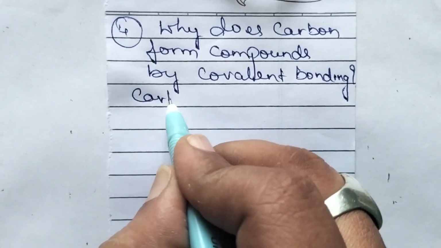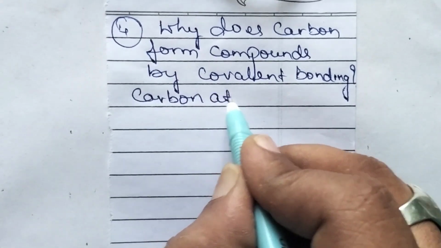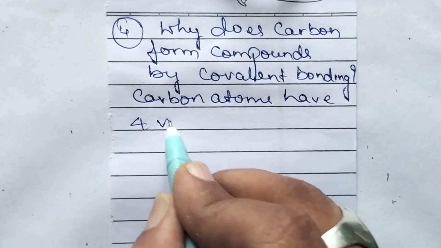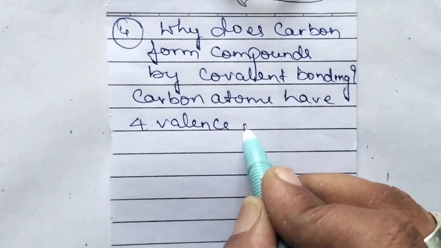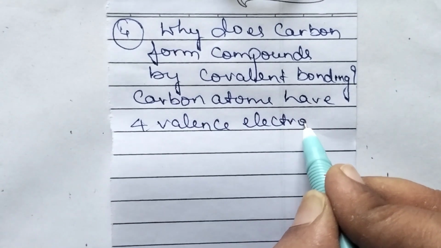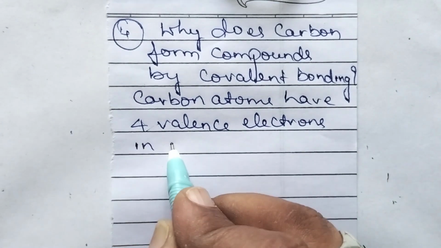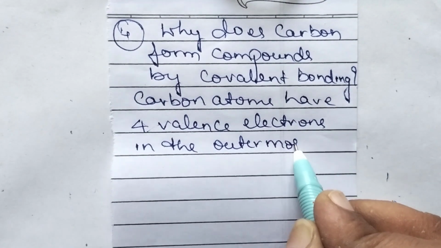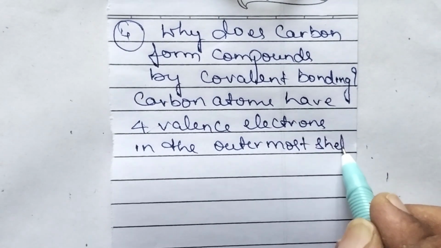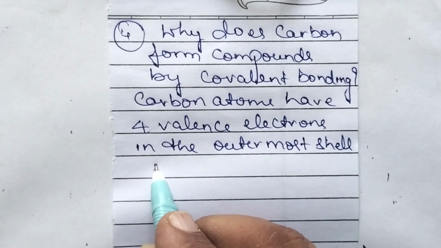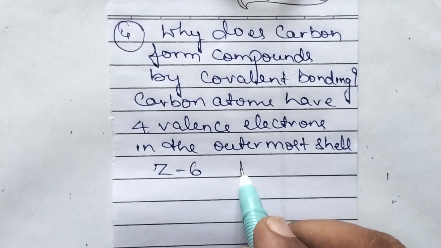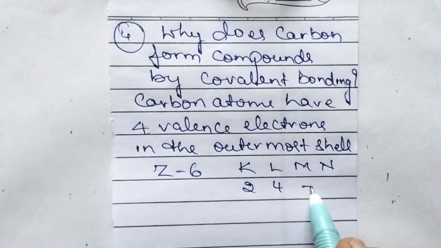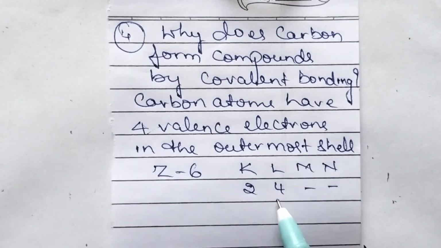Carbon atoms have 4 valence electrons in their outermost shell. That is, the atomic number is 6, so the K, L, M, N configuration is 2, 4. So valence electron is 4.